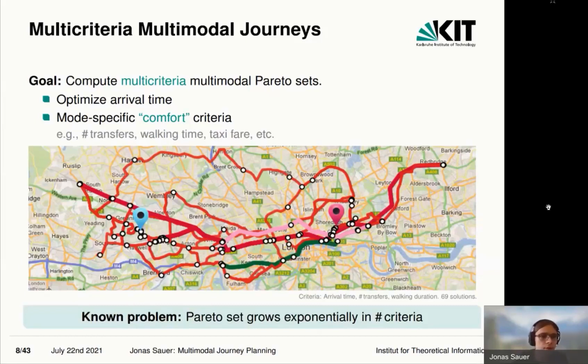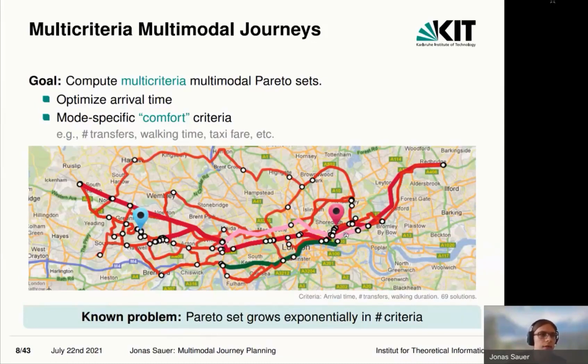So for 2 criteria, we were able to do fairly well, because number of transfers is a very discrete criterion, so you only have a few possible values. But we already saw that as soon as we added fare zones into the mix, the number of solutions already got a lot larger.